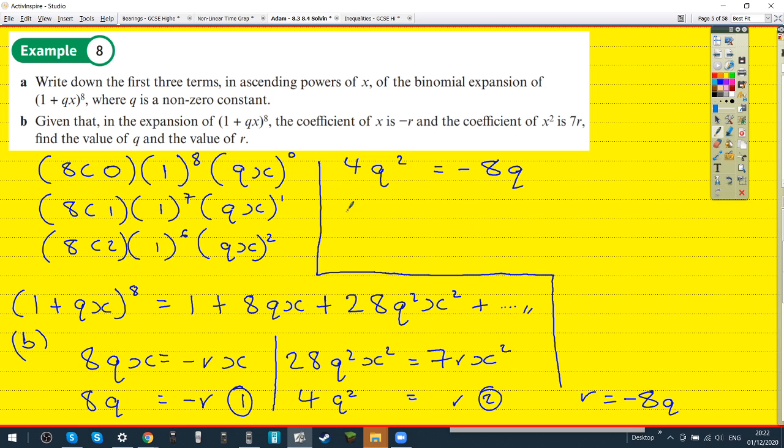And then could you divide them both by 4? Yep. Which gives you minus 2q equals q squared.